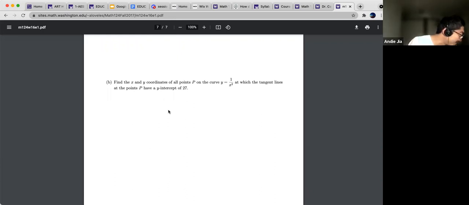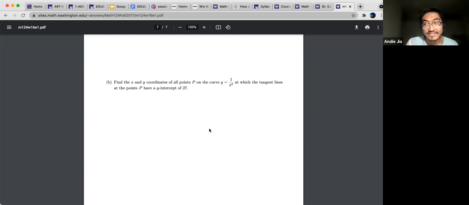For this, it's the same. You need to use x to the power of -2, and then it has a y-intercept of 27. First, you need to find the y prime.